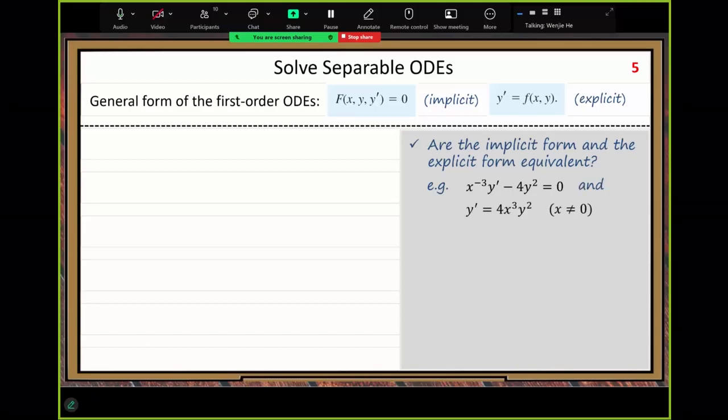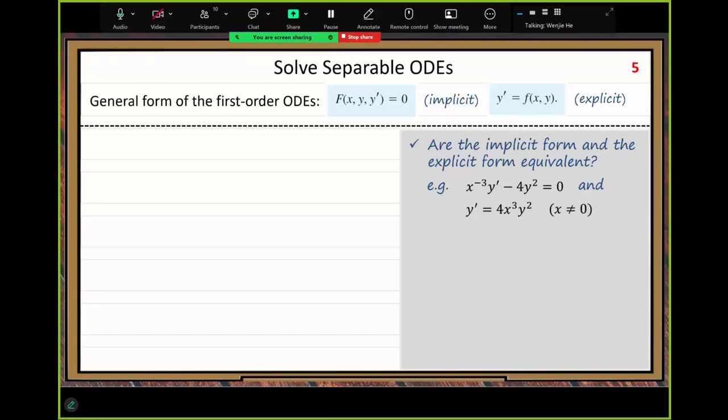Here, I use a simple example. The first example, explicit, and the second form, the first example, implicit, together. For the second one, we write the y prime representation. Because this equation is very simple, we can write it in that way.